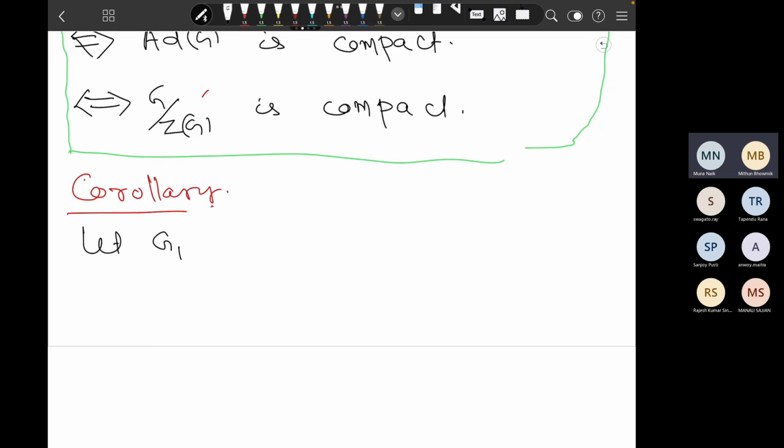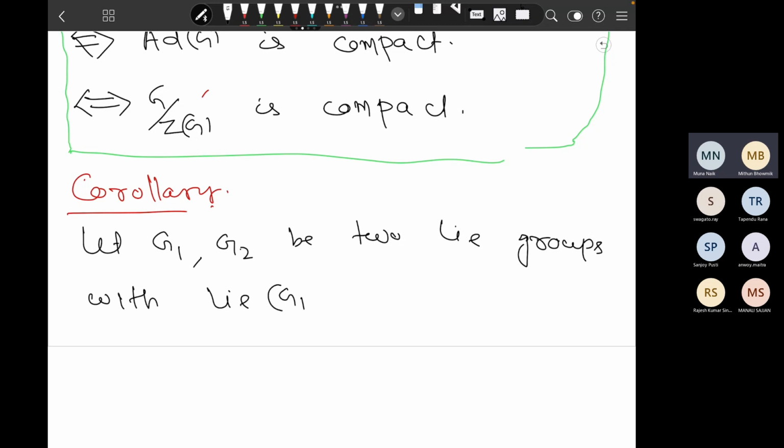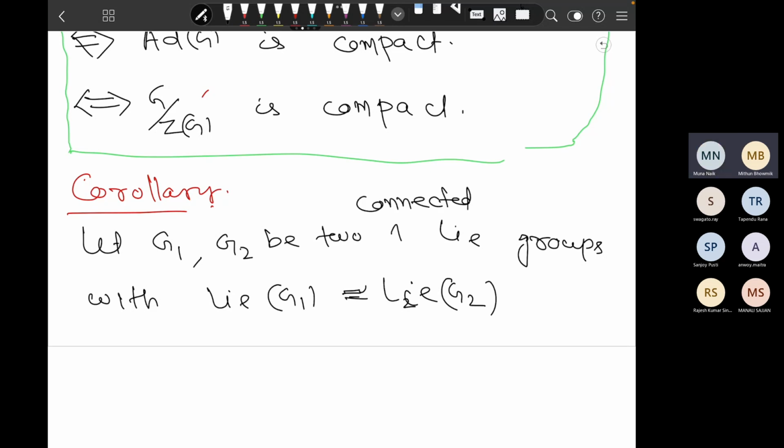So let G1, G2 be two Lie groups, okay, with Lie algebra of G1 equal to Lie algebra of G2, connected Lie groups, and suppose this is g, say.